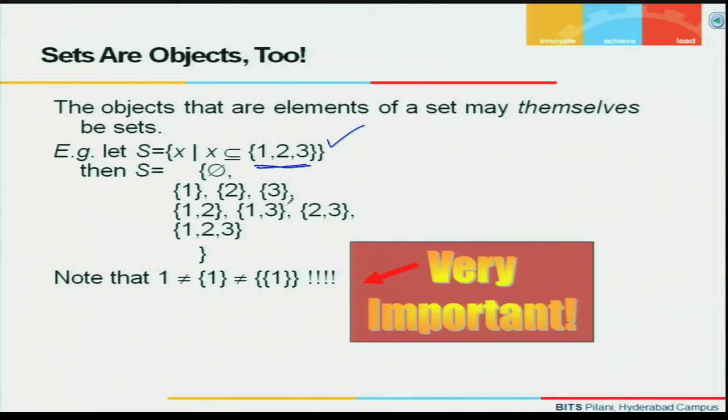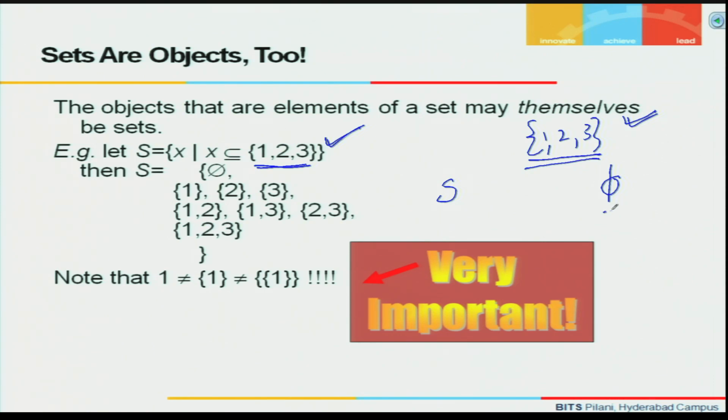So, what are all the elements of this set going to be? I have got a set {1, 2, 3}. How I am describing my set is that any subset of this is going to be a member of my set S. So, what are the subsets over here? The obvious subset is the empty set, isn't it? Empty set in fact is a great set. It is a subset of any set whatever you can define in the universe.